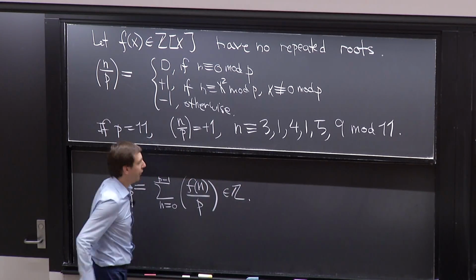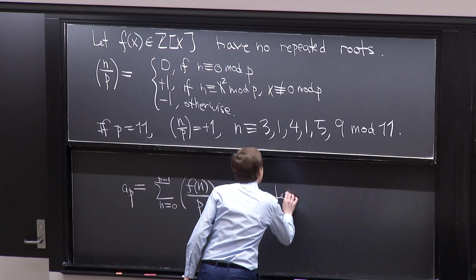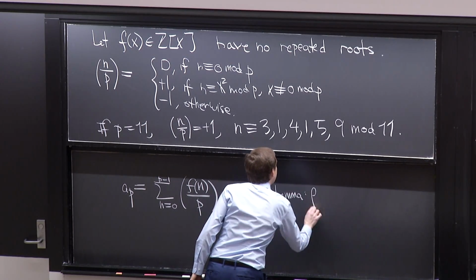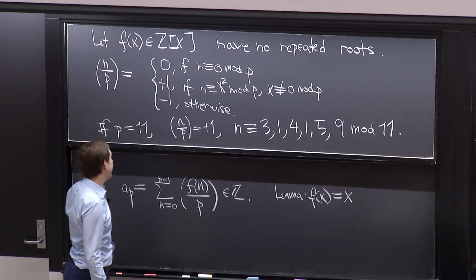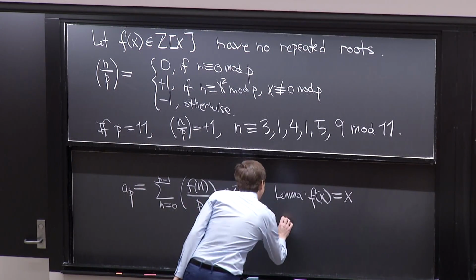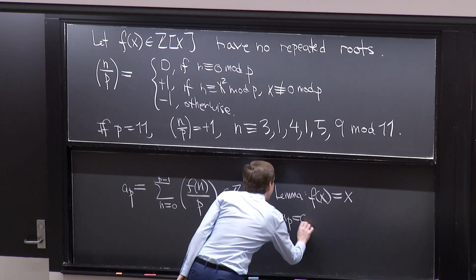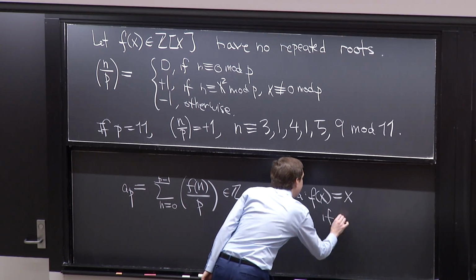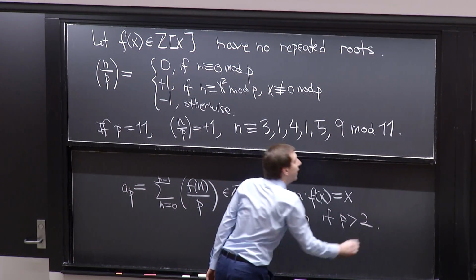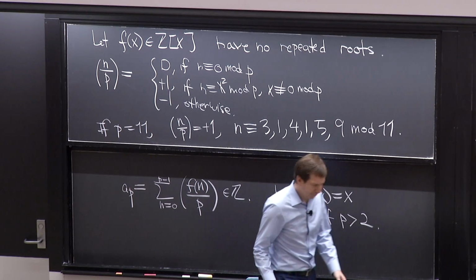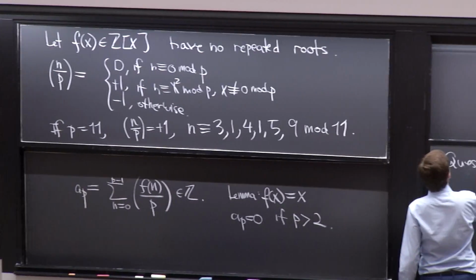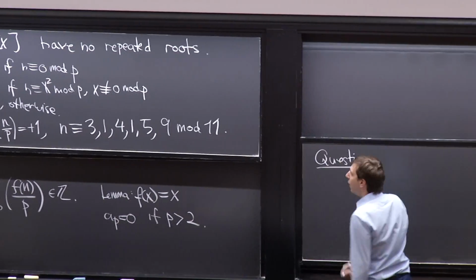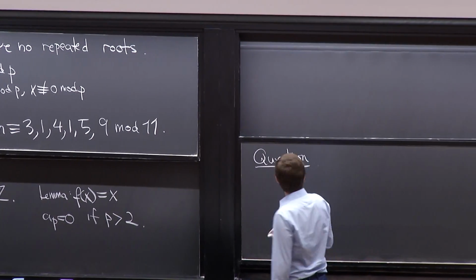Okay, so the first basic lemma: if f of x is just x, then exactly half of the numbers are squares, and so a_p is equal to 0, as long as p is bigger than 2, which behaves a little bit differently. So the question is, what happens for polynomials of higher degree?